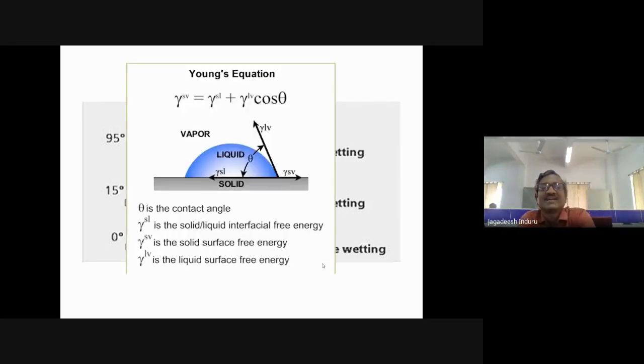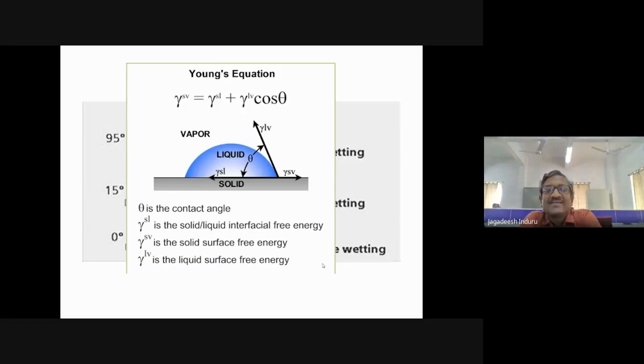If you see this particular one, Young's equation is going to have very good importance in this particular case. In this particular graph, if you see, there are so many interfaces present. One is gamma SV, that is solid vapor, that means the solid and the gas, that is extreme right.